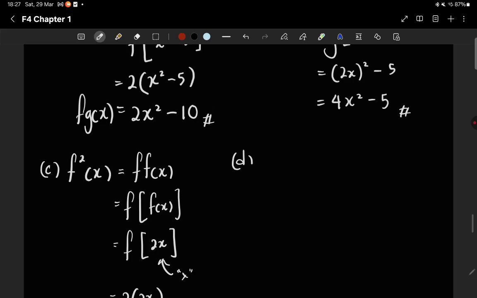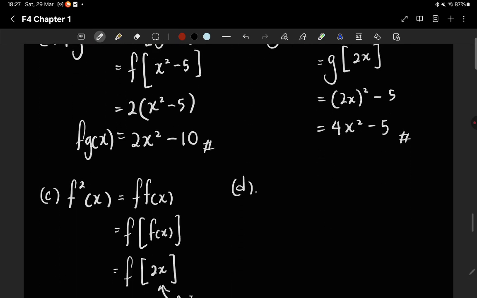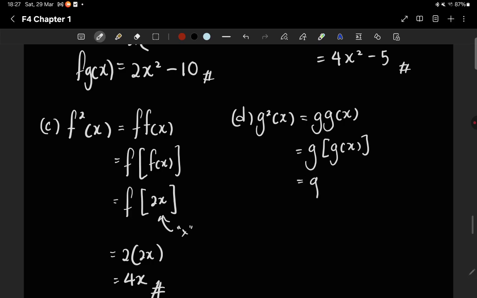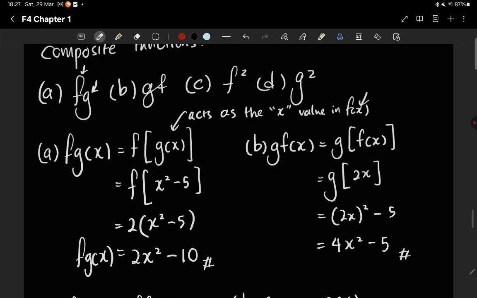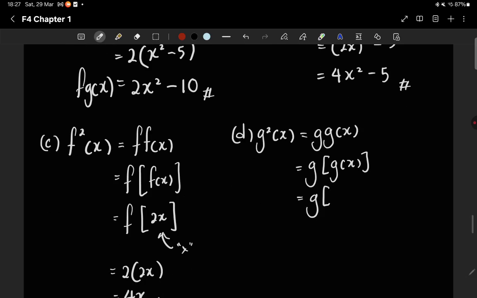And our last question will be g squared x. Using the same concept, we just have to sub it in. And inside the function, we have to add our g of x, which is x squared minus 5.